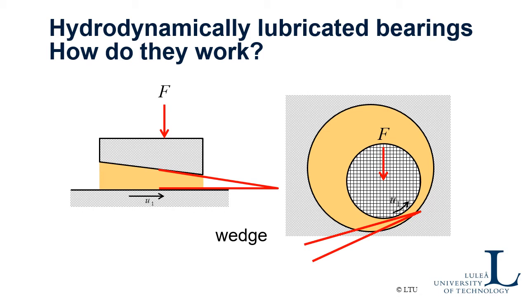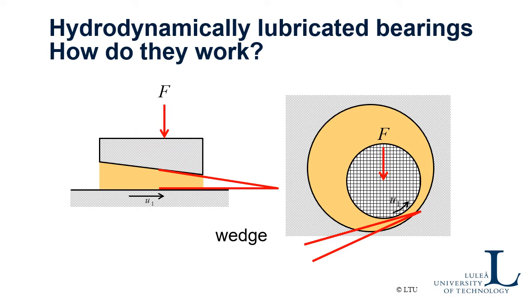The wedge is important in both bearings. The film, which is the yellowish part in the picture, becomes smaller or thinner in the direction of motion. In the linear bearing, the lower surface moves while the pad is stationary.